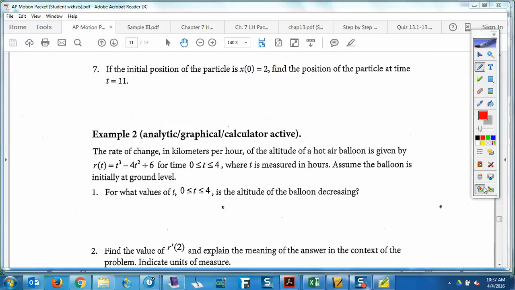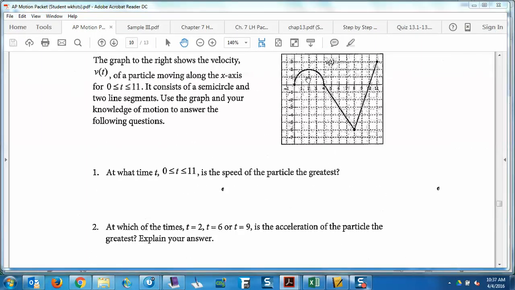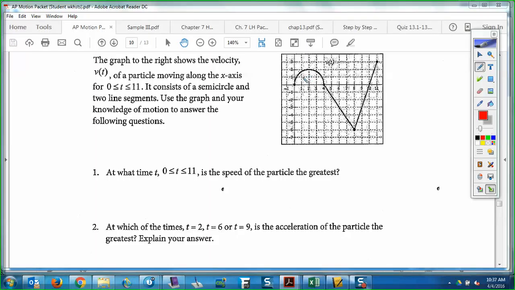Okay? So we can go back here and we can say, okay, the area is, well, this is a 2 radius circle. That'd be 4 pi, but it's half of it, so that's 2 pi, right? And then this is a 6 by 6 triangle. 6 times 6 is 36. Half of that's 18.